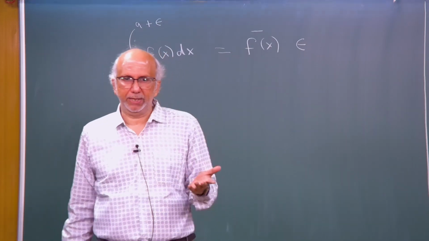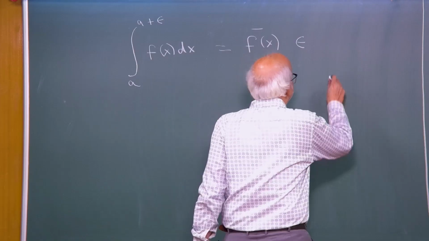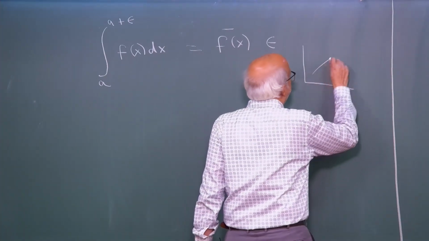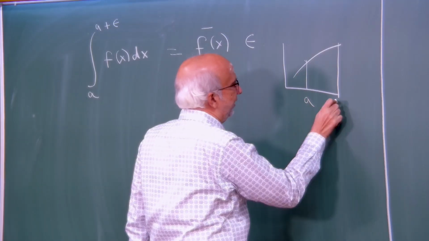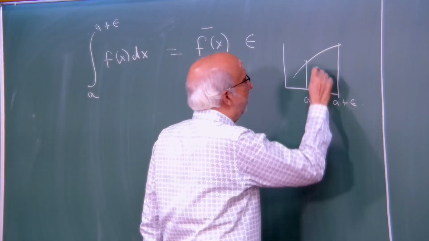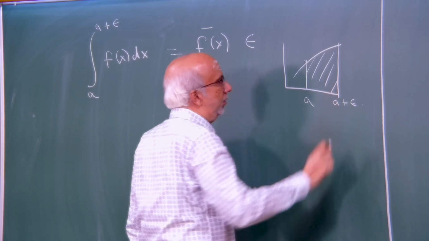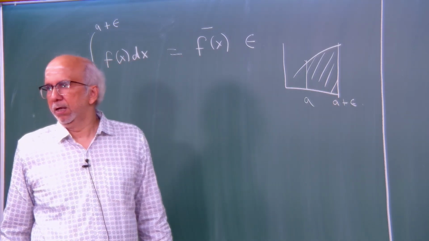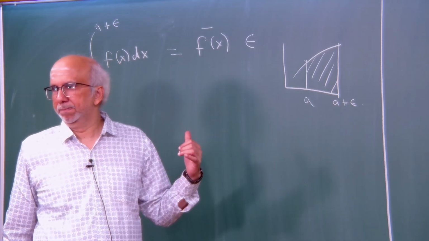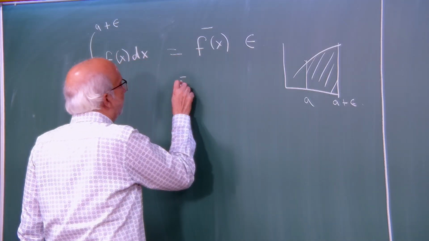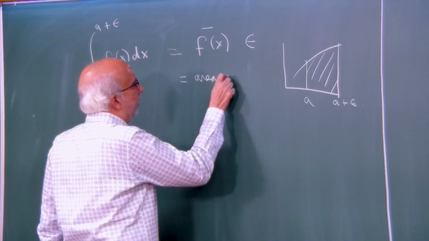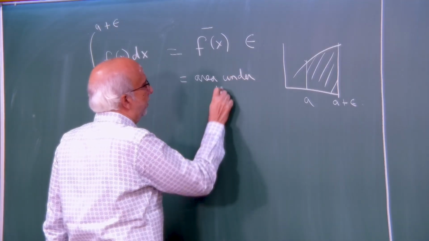If you remember, the area under the curve is your integral. Supposing you have a function f of x, and this is a and this is a plus epsilon, this area under the curve is your integral.